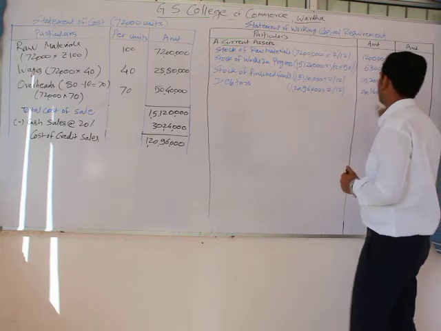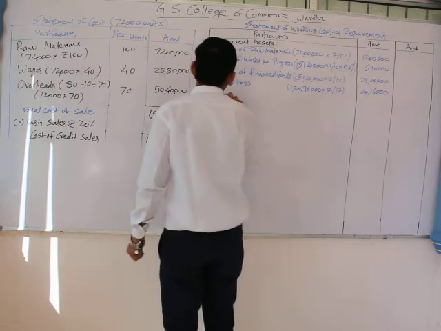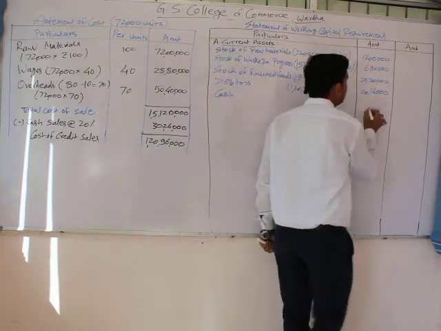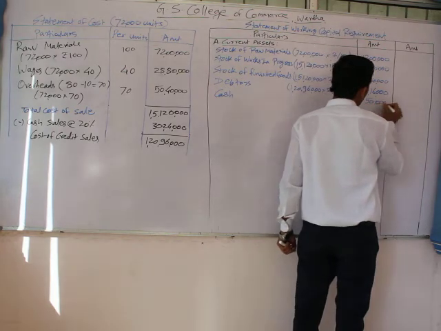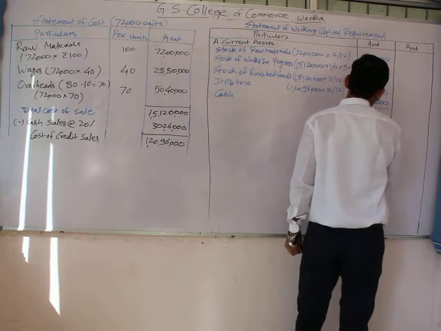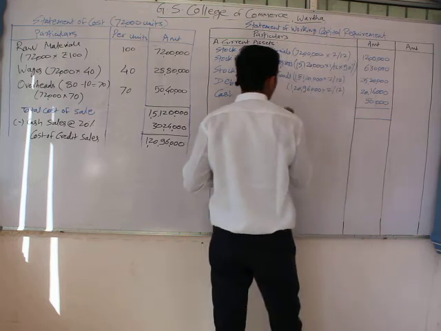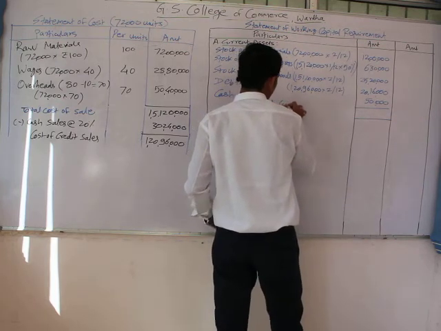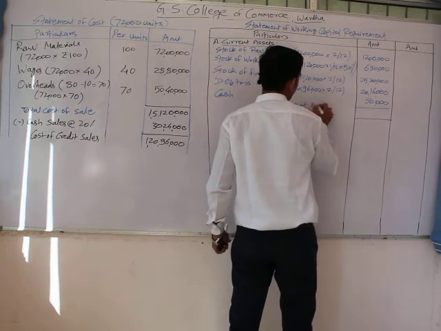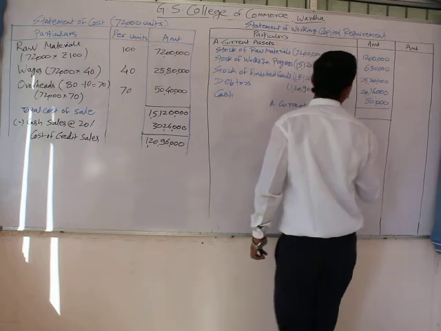Last one would be the amount of cash. It has been shown as rupees 50,000. Now we can make the total of all our current assets.